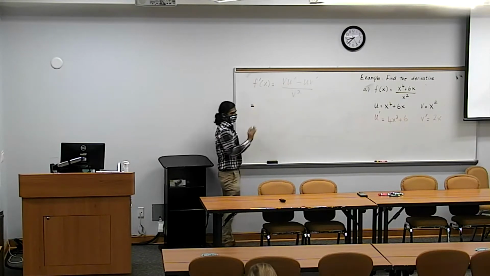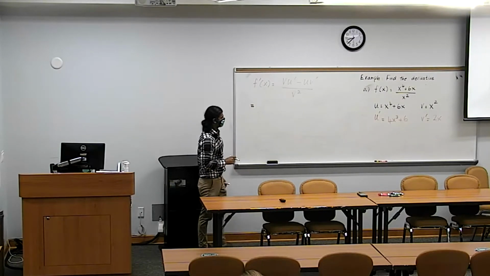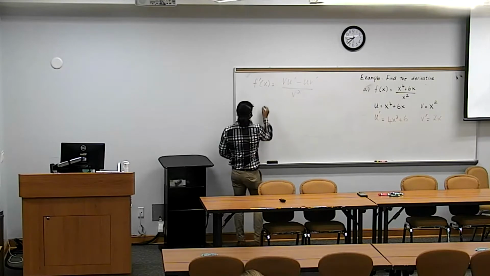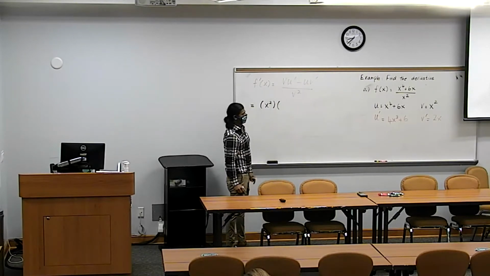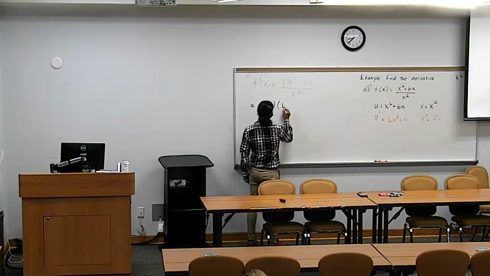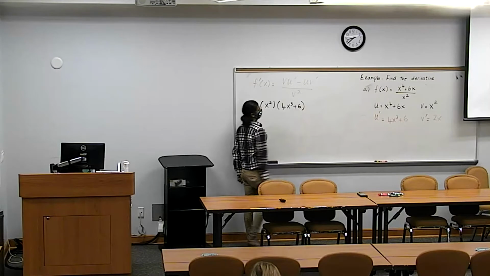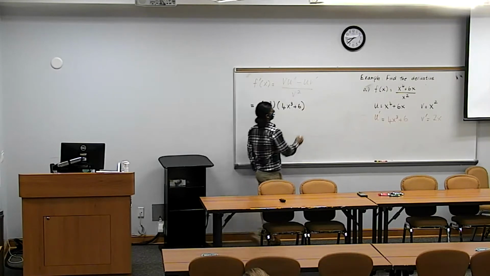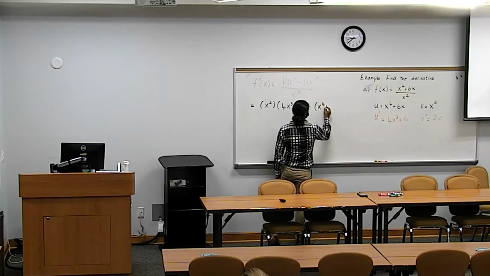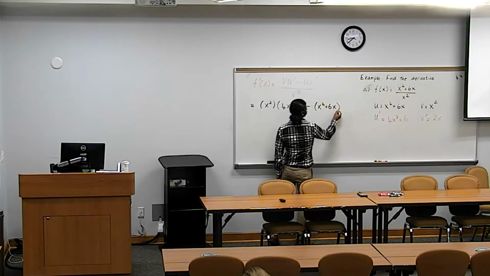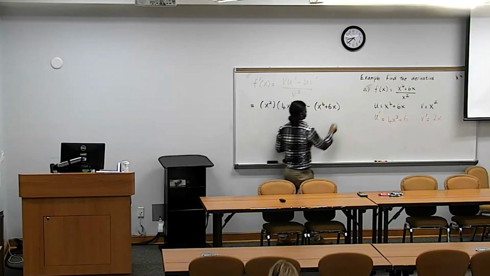All I have to do is plug in the expressions and simplify. V is x squared. U prime is 4x cubed plus 6, minus u, which is x raised to the 4 plus 6x, times v prime, which is 2x.